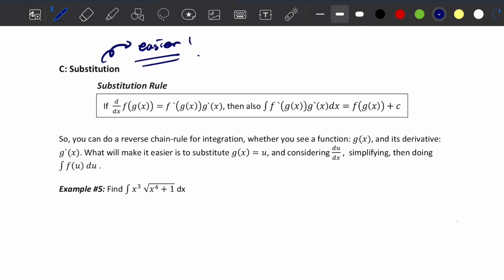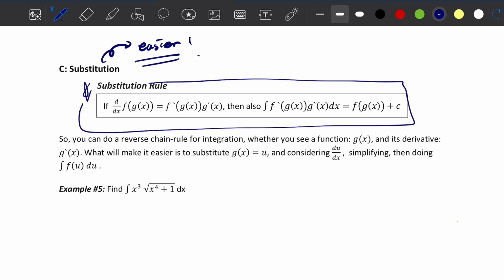So what we want to do with the substitution rule is simplify the function before we actually do the integration with it, so we can do integration in a much easier way.